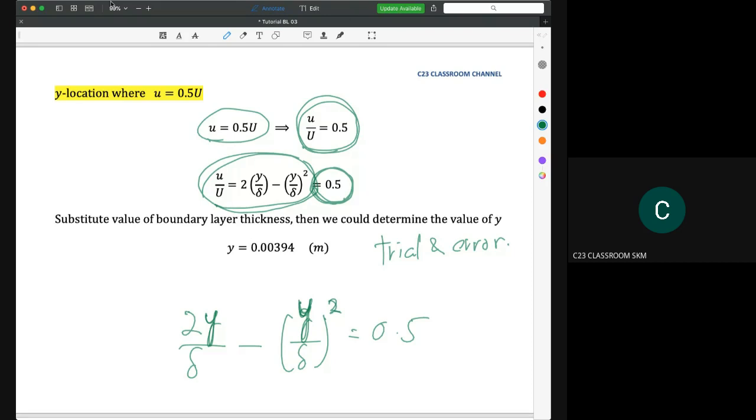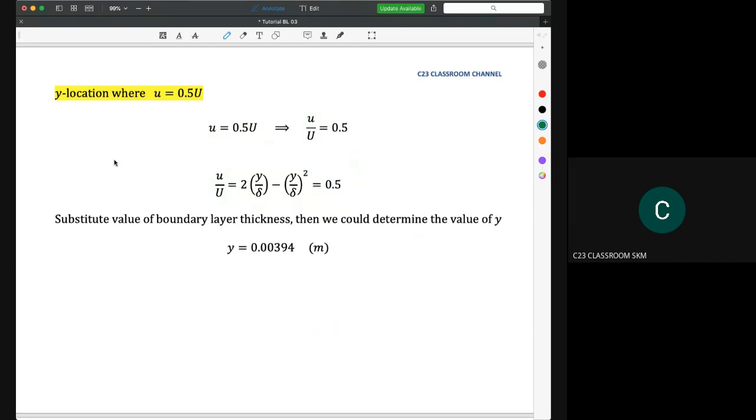A simple method is to have y square over delta square minus 2y over delta plus 0.5 equal to 0. If we bring the terms over, this becomes minus, and 0.5 remains 0.5.